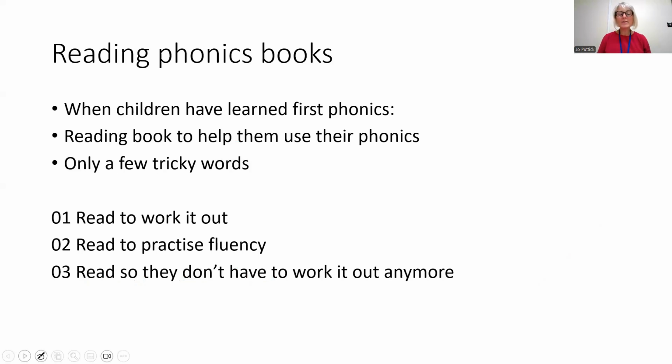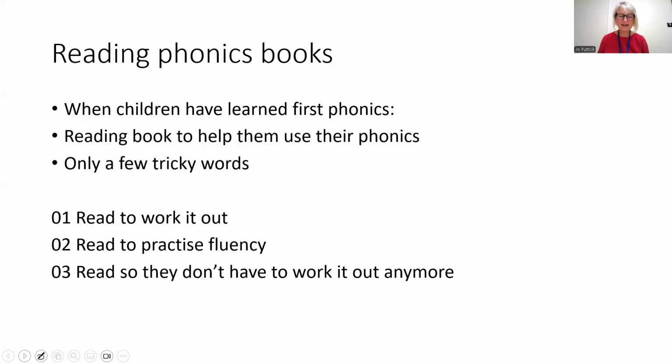So when your child has begun learning phonics, they will begin to bring home reading books that help them to apply the phonics that they have learned so far. They need to read the book several times. First of all, to work out what each word says using the phonics that they know. Then to practice it to gain some fluency.